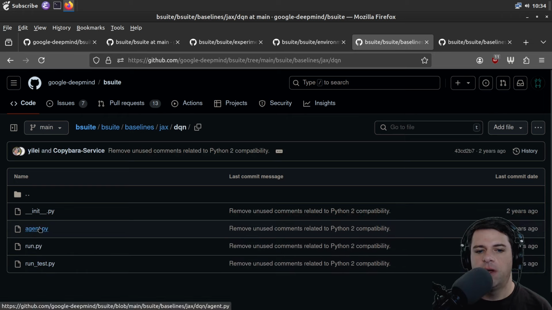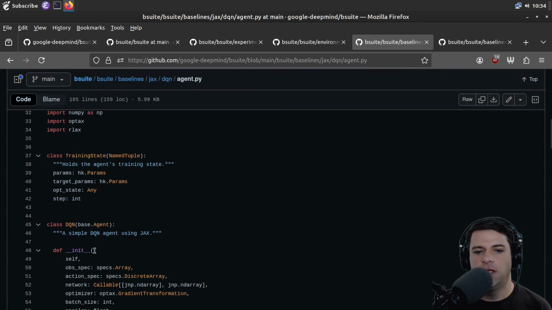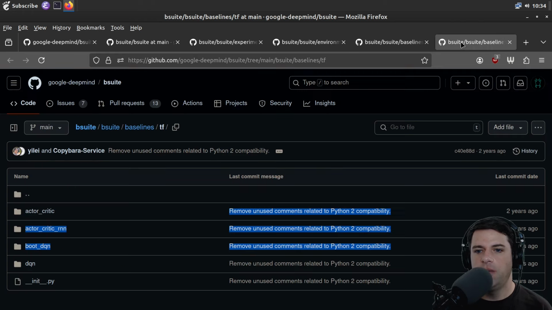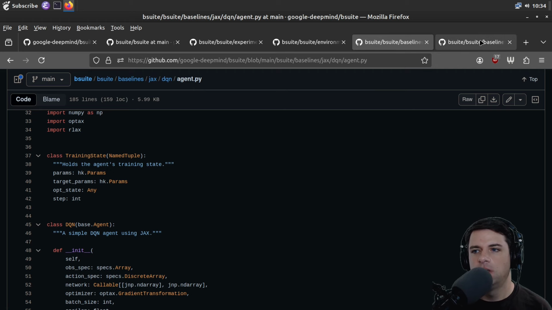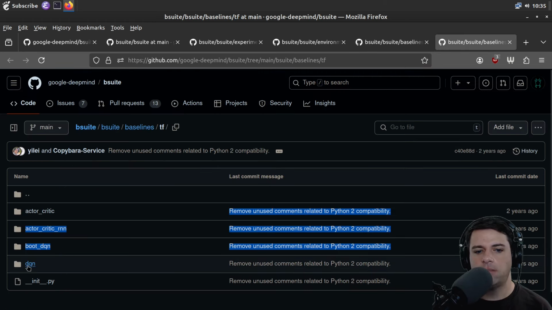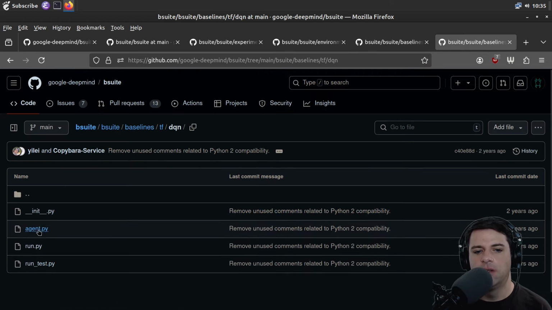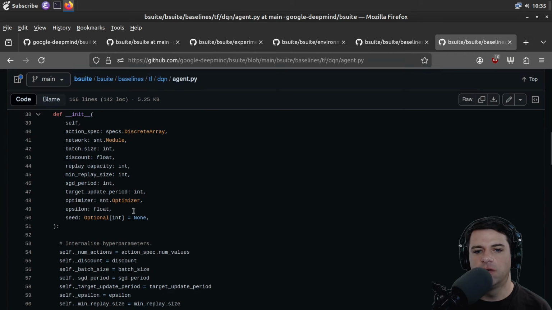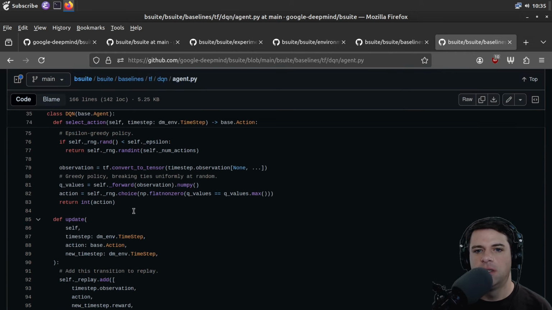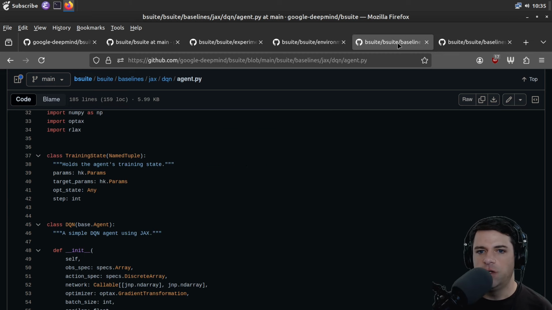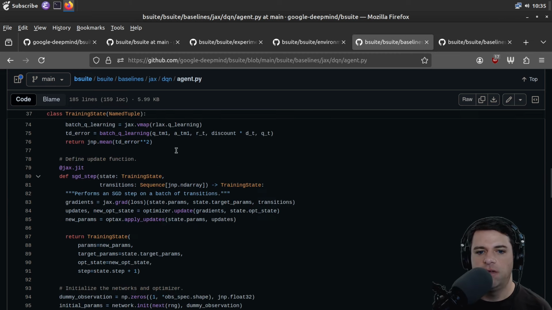So we can maybe compare, I guess these are called different agents. You can maybe compare the code of, which one did I pick here? DQN. We can look at the code of the different implementations, TensorFlow versus JAX. TensorFlow is 142 lines. JAX is 159 lines.